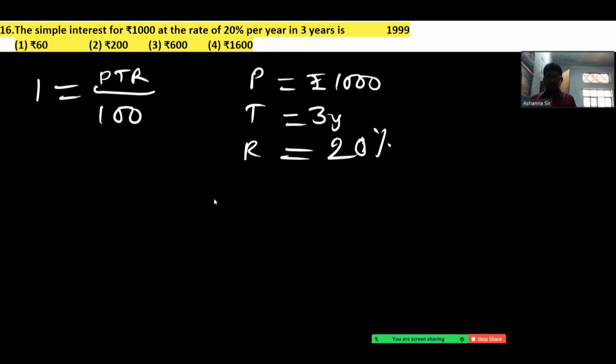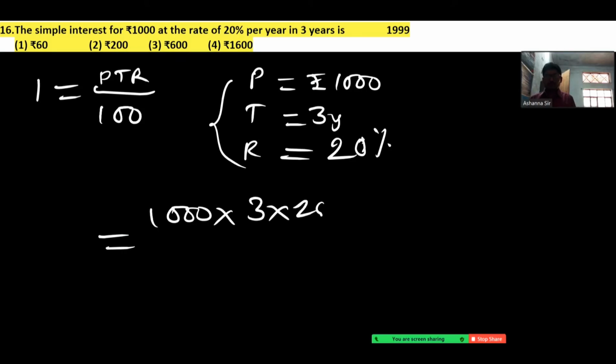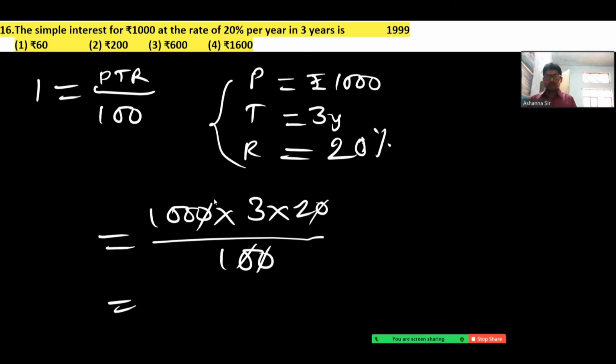We substitute these values in this formula: 1000, 3, 20 by 100. 0 0 gets cancelled, 3 twos are 6, so 600 rupees interest. Option 3.